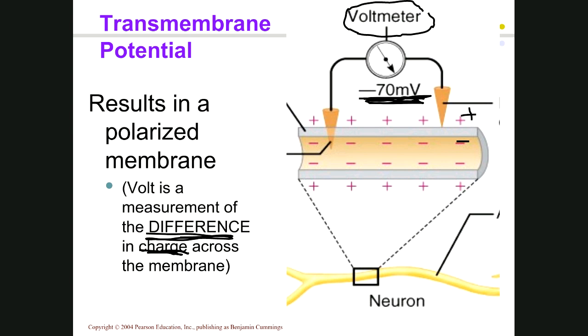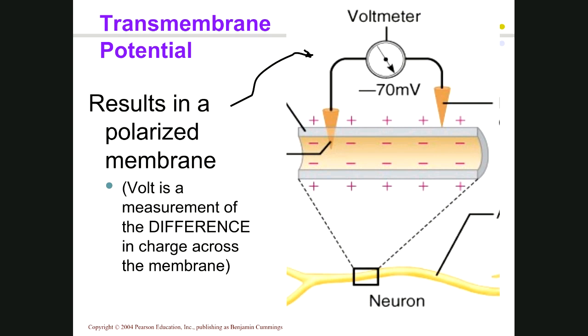And the only reason it's negative is because the first guy who did it decided to measure it inside relative to outside. So the inside relative to the outside is negative, so the number is negative. And then this number tells us how big a difference there is between the two sides.